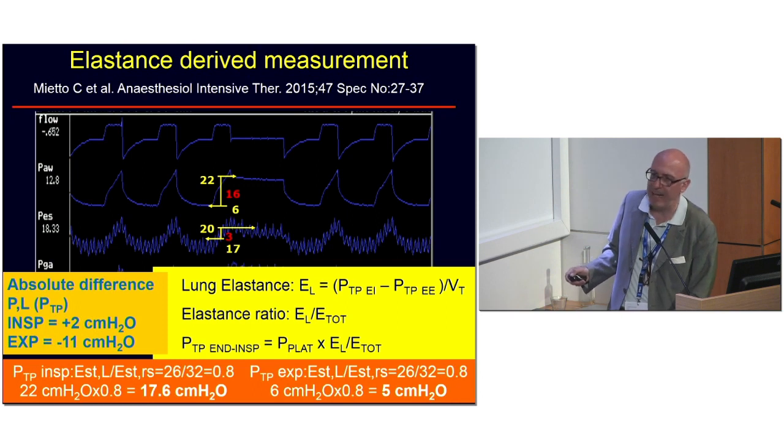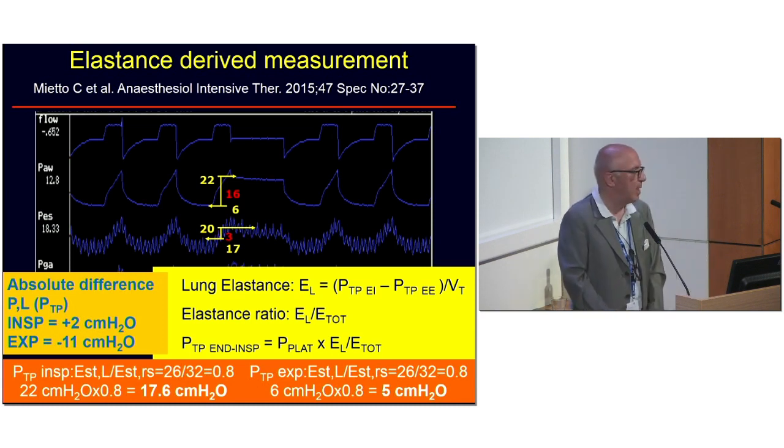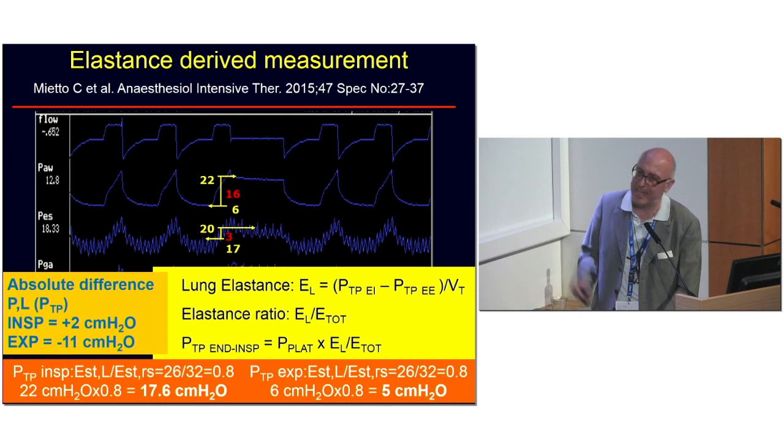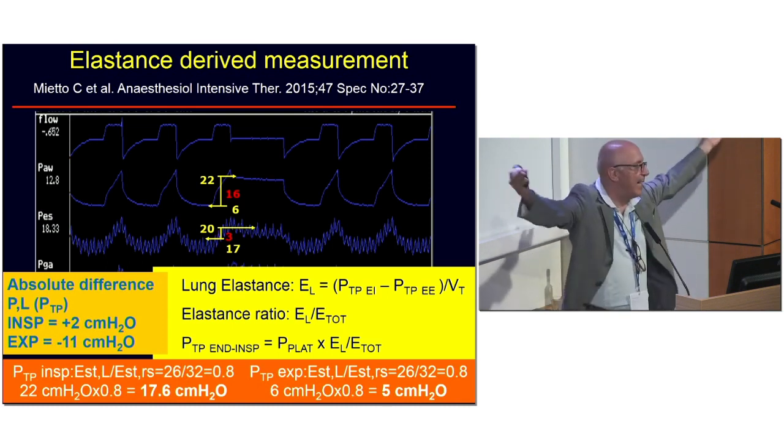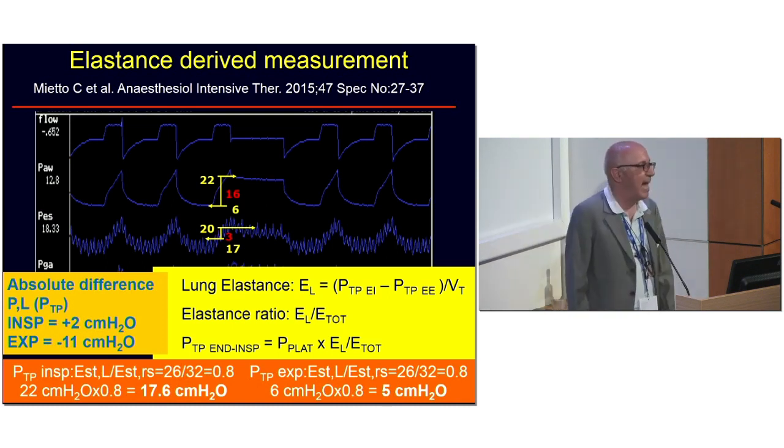And if you look at the PEEP, at expiration, it is the same: PEEP 6 times 0.8 is 5, which is completely different from minus 11. Is it clear? So if you measure by the elastance derived method, you have other numbers compared to the absolute.